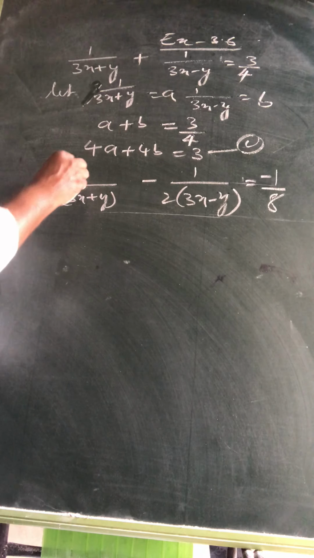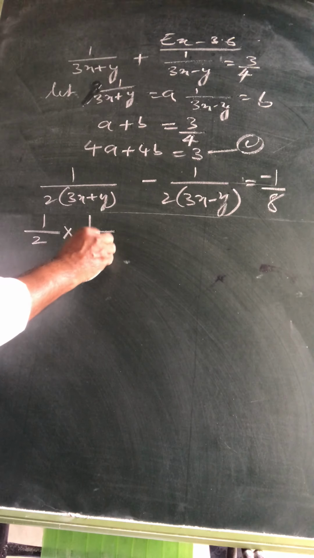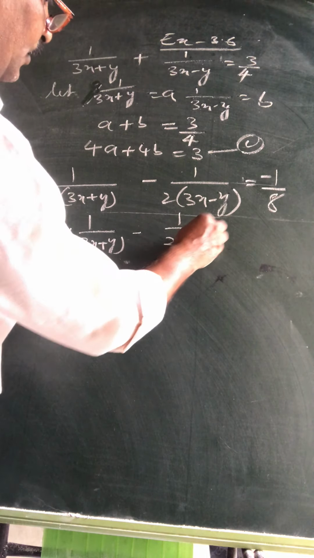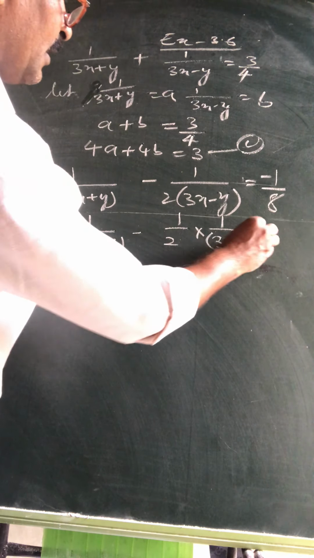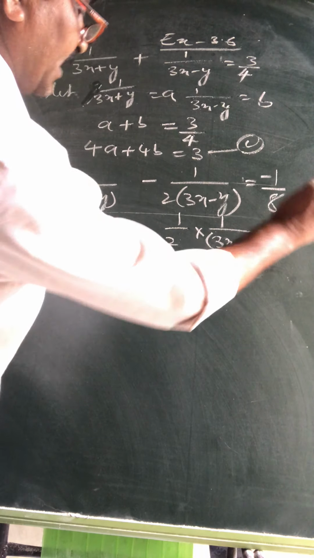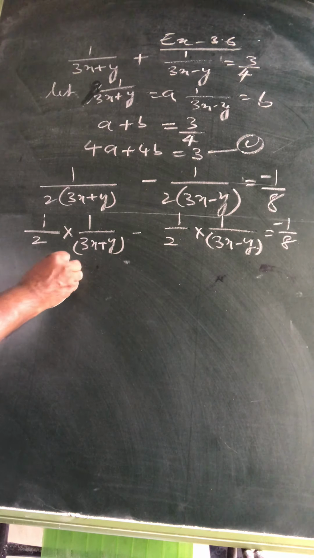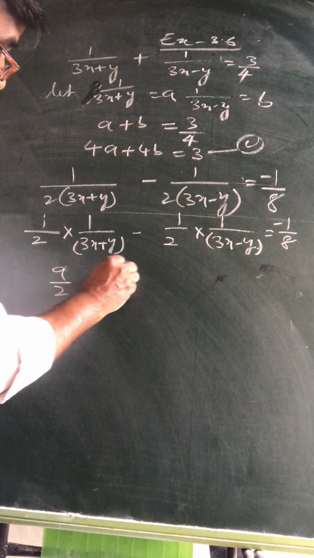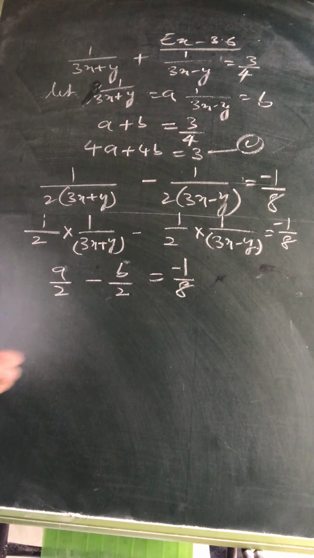So this also you can write as 1 by 2 into 1 by 3x plus y minus 1 by 2 into 1 by 3x minus y is equal to minus 1 by 8. So you get 1 by 2 into a, that means a by 2 minus b by 2 is equal to minus 1 by 8.